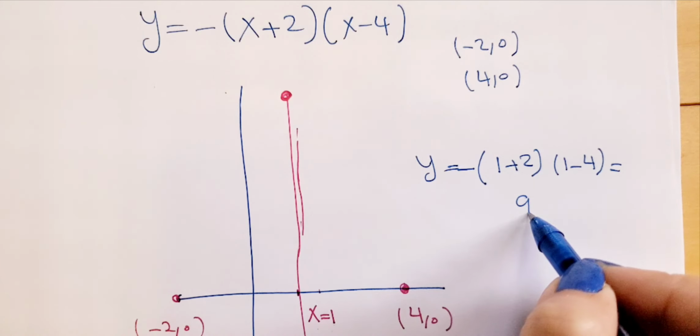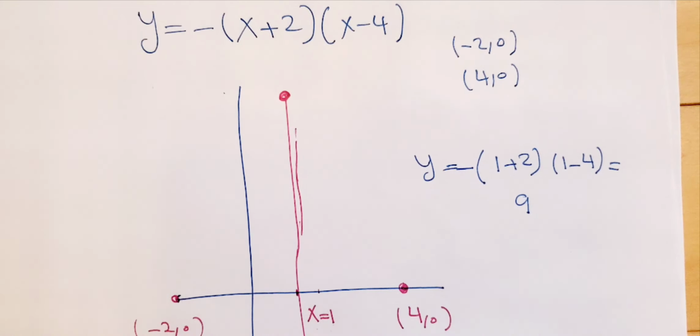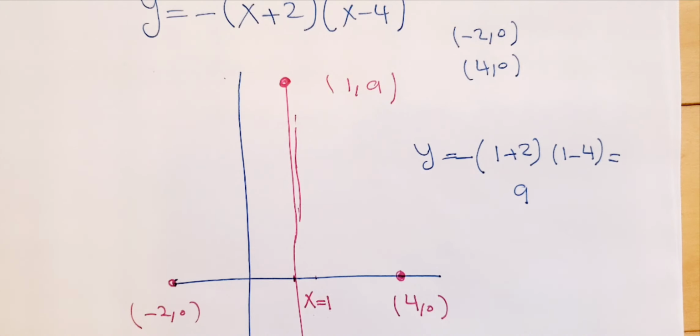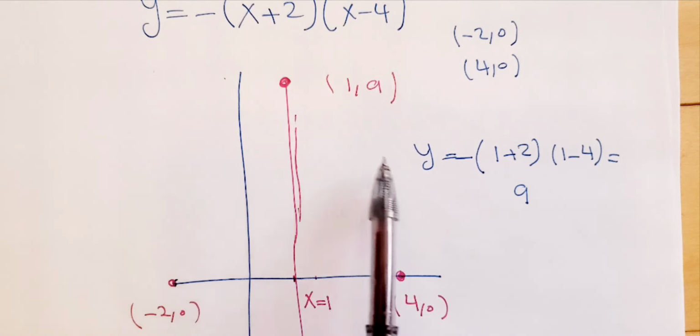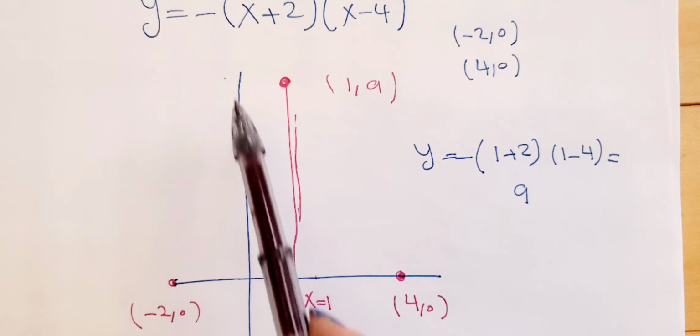So the vertex is located at 1 and 9. Perfect. And now what I can do is find another point on either side, and then connect the dots, and using the symmetry find the other half.